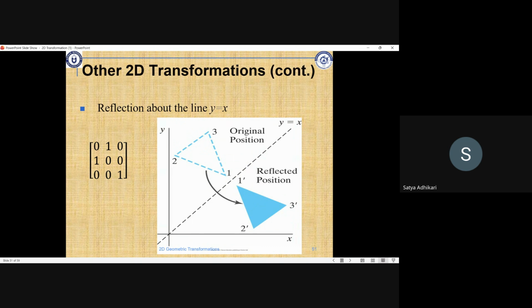And you see our original position of the object, which is denoted by the dotted line. And if we keep the mirror on that line y equal to x, we will get this image.